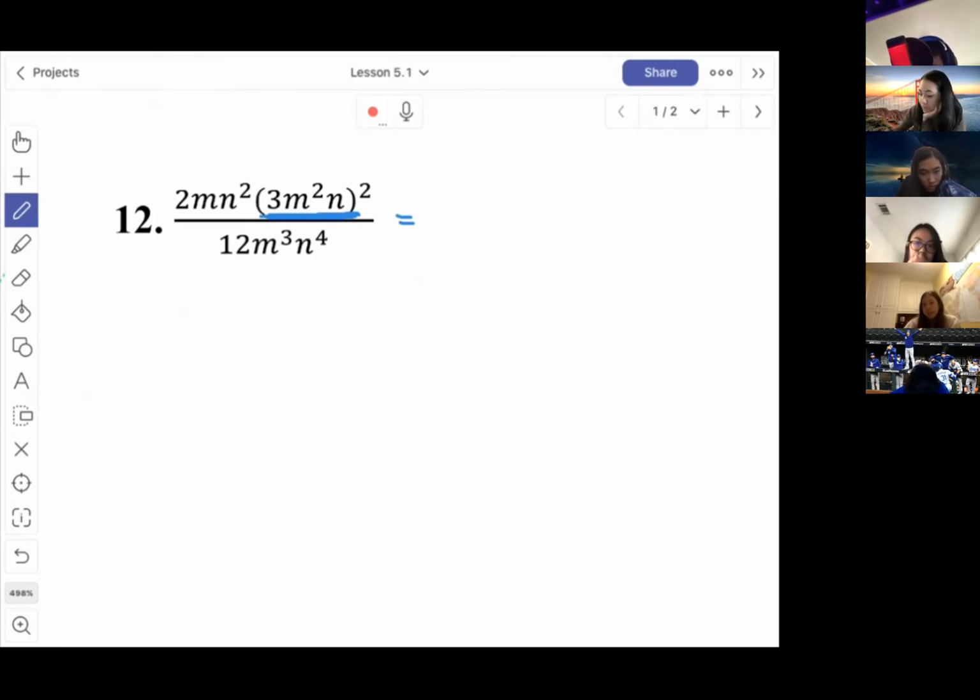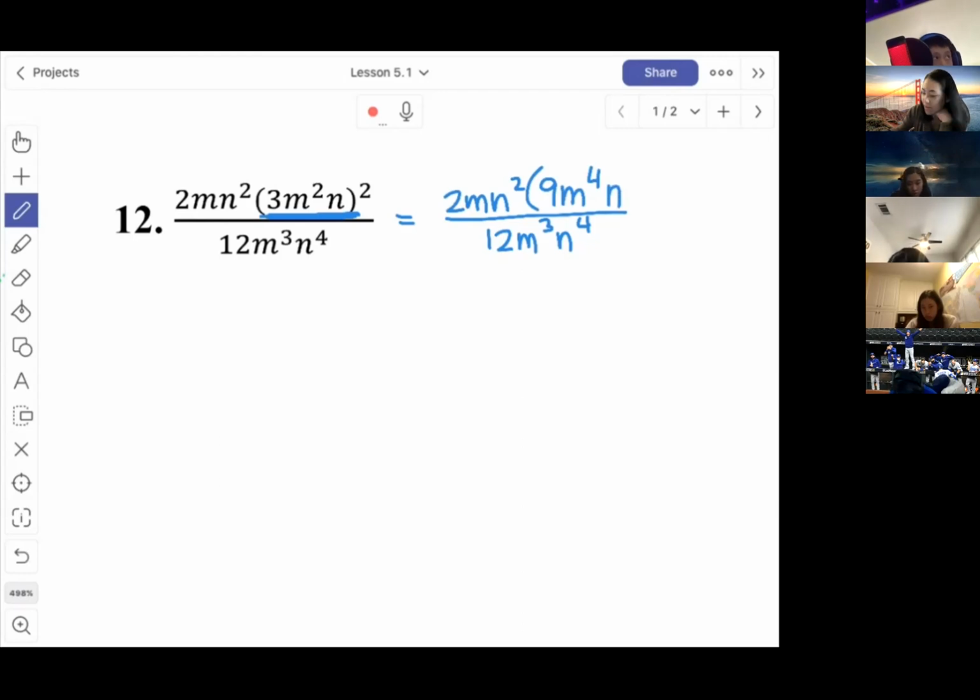So you would apply the square to 3m squared n. Using property 4, you would square the 3. So we get 9m to the 4th power.